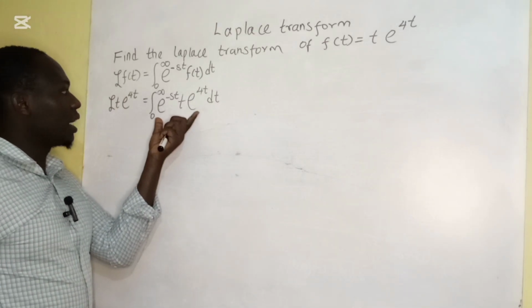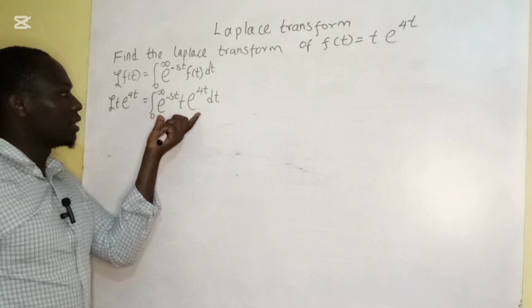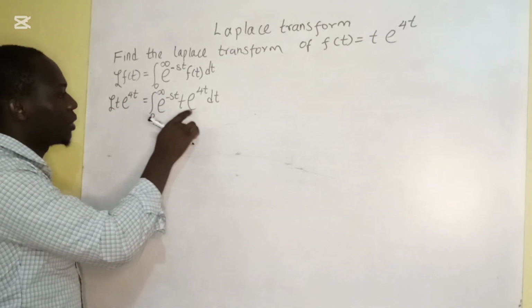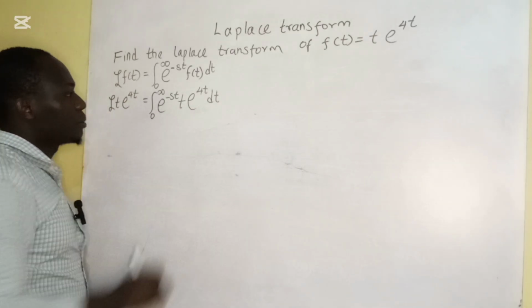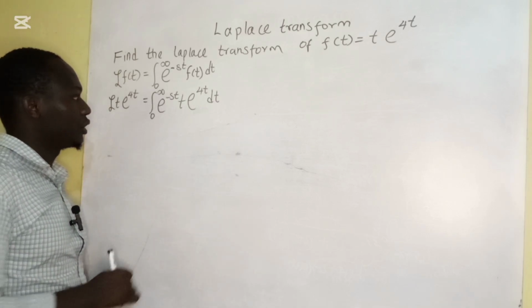When you check at our integral here, the functions that we are supposed to be integrating, you will find that we have two exponentials, and we need to reduce the number of exponentials.